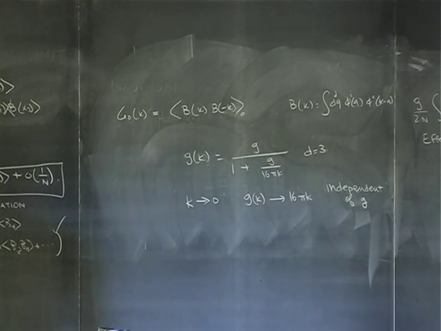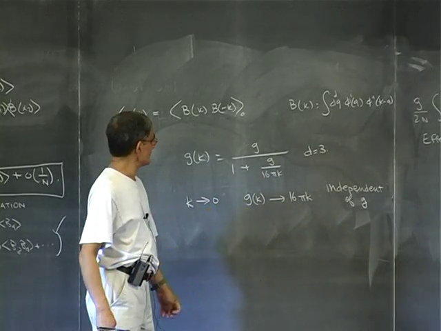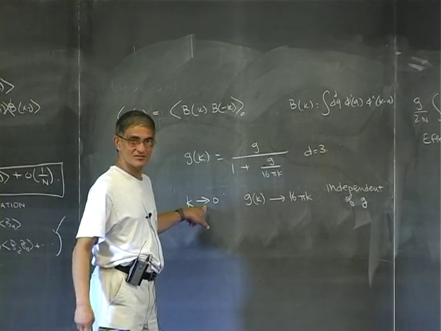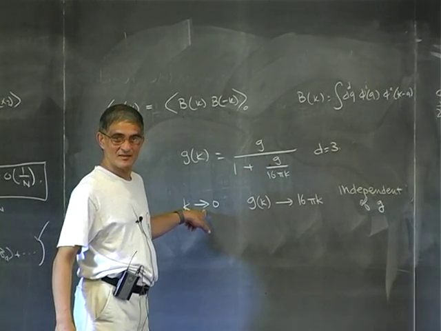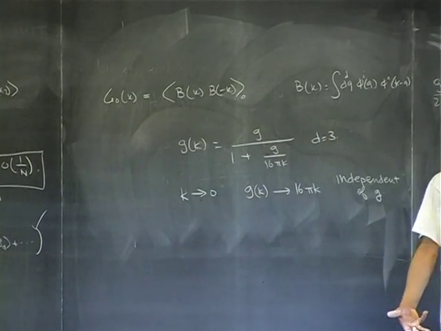Might appear a bit strange. You started out with a theory with a coupling G, and you get an answer because k is very small. So it cancels the G in the denominator when the limit k goes to 0. Okay? So, you might be a little bit puzzled, how did this happen?